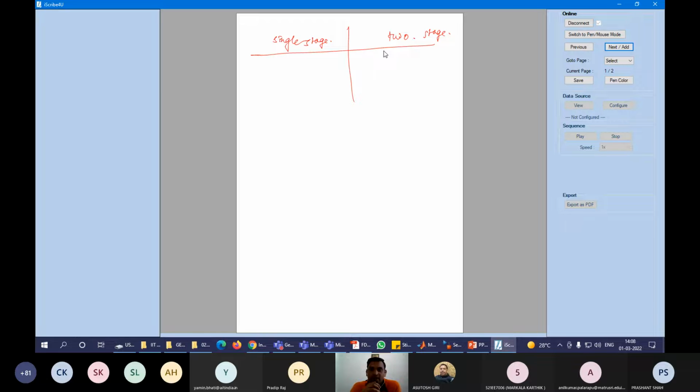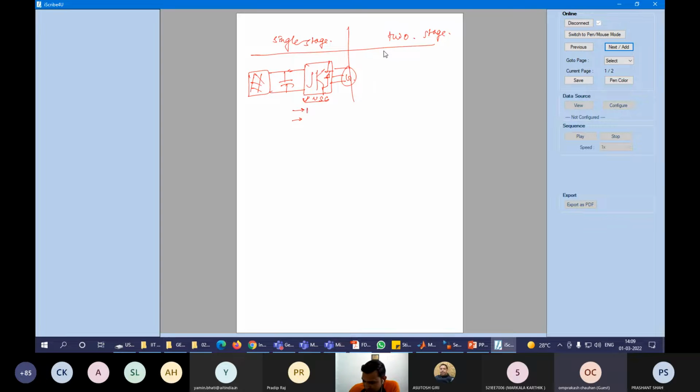Okay. So in single stage, what does it mean? We are having again a PV array and we are not putting any kind of converter for MPPT purpose. So here this VSC will do both the functions.